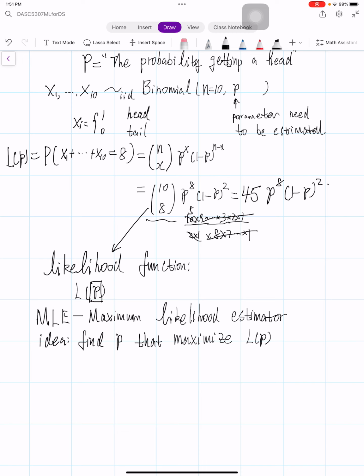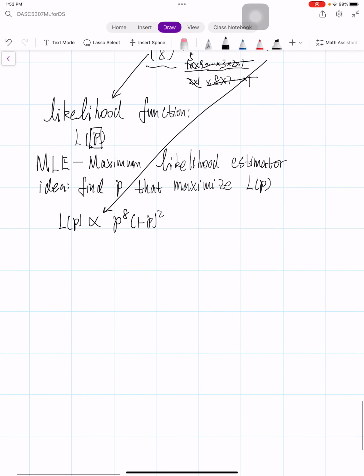Okay, so this is our L(p). For example, this function is proportional to p to the power 8, 1 minus p to the power 2. We can plot this function easily, with p taking values from 0 to 1. Probably this function will have a shape that looks like this.